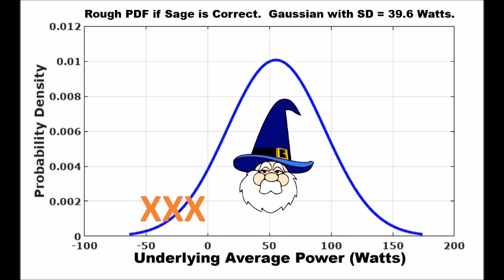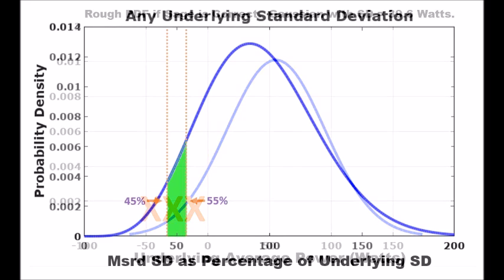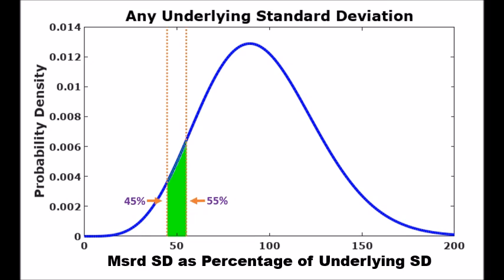Now, of course, we don't normally have a sage whispering things like this to us, especially when we're sober. Ultimately, we're forced to directly confront the uncertainty in our uncertainty. So what can we say? Let's return to the PDF of standard deviations. Here, we see that we have a 5% chance that our measured standard deviation is in that 45 to 55% range.